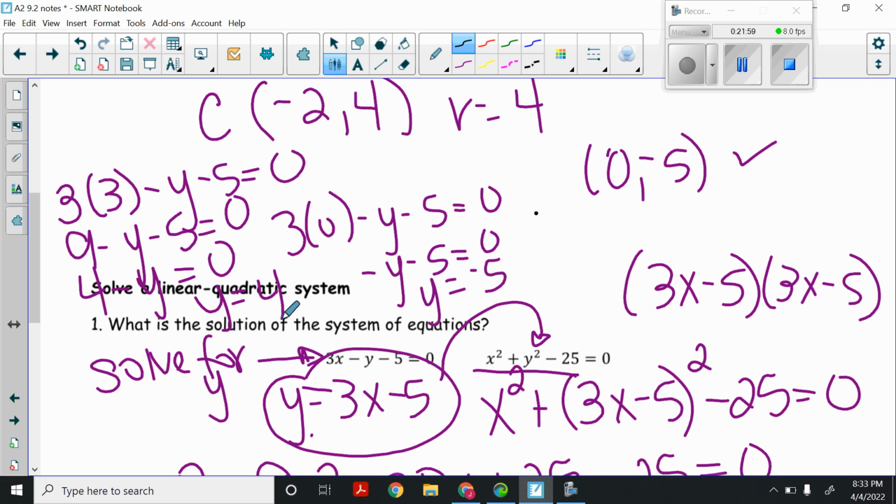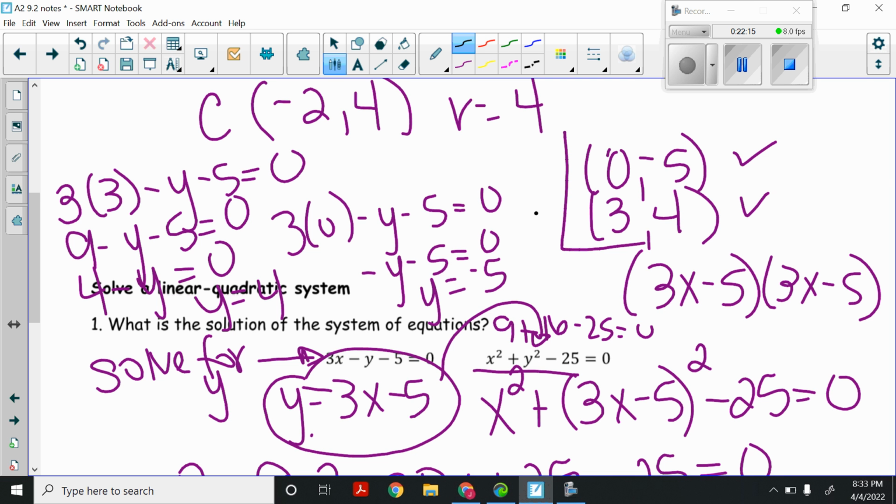So y equals 4, and I get the point 3, 4. If I plug that in here, 3 squared is 9, 4 squared is 16, minus 25 equals 0. 9 plus 16 is 25, 25 minus 25. Yes, those are both on the circle. So both of those are solutions to the system.